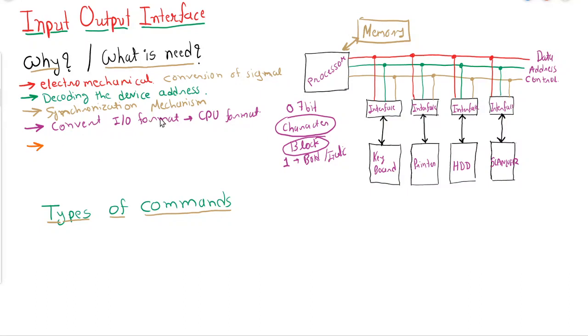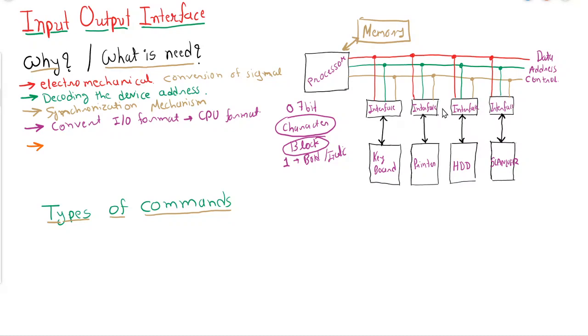Another task of the interface: let's say the CPU is directly communicating with the keyboard and we do not have any other mechanism called an interface. What will happen while the CPU is managing the request for the keyboard, if there is a request from a printer, a hard disk or a scanner? In that case the CPU won't be able to manage it.